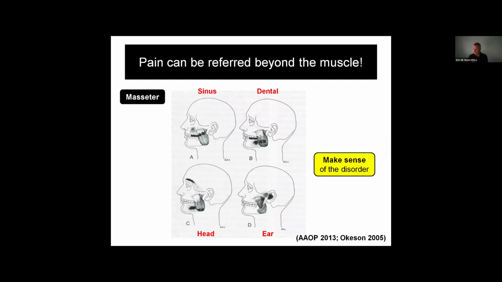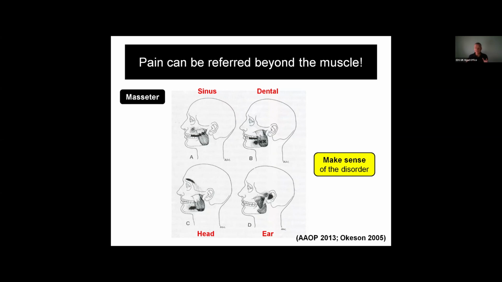So they've got pain over the sinus area, pain into the teeth or over the teeth and the gums, even extracted teeth sometimes, which didn't help the symptoms. So we know that, and the ear is probably the most common symptom. Ear pain, I expect many of my patients come with ear pain, and even headache from the masseter muscle over the eye.